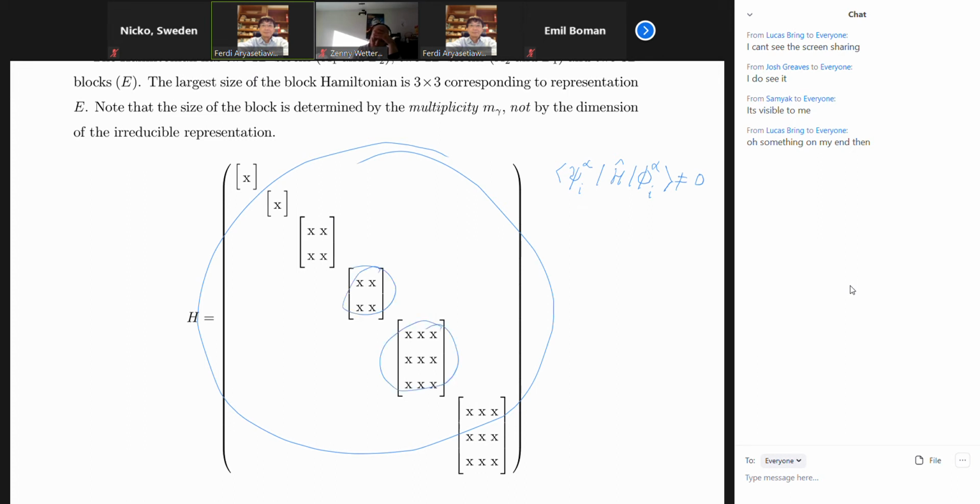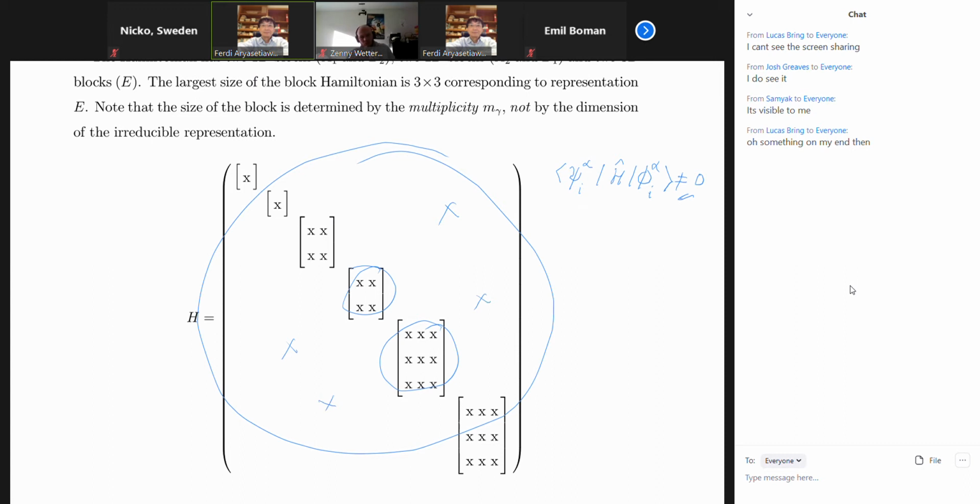I don't know if you follow what I'm trying to say. If I order this in a different way, then these non-zero matrix elements will appear somewhere here and somewhere there, so it doesn't look nice.